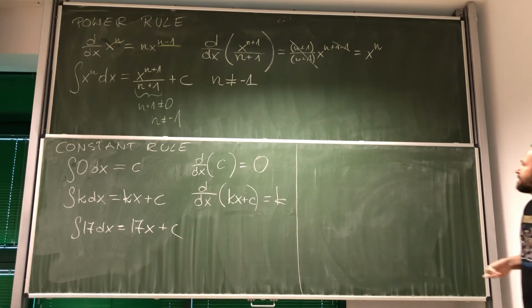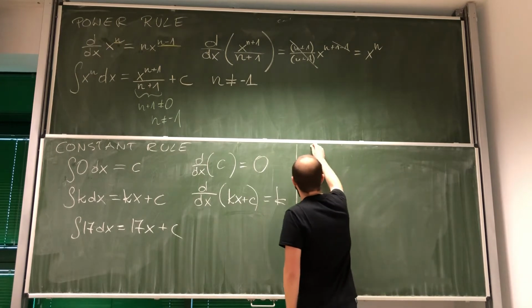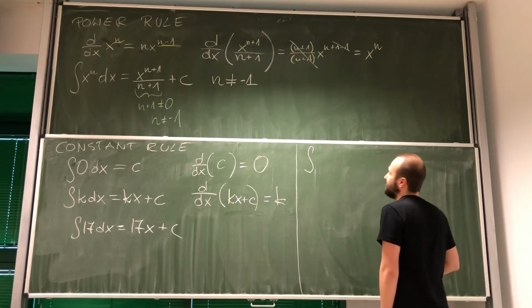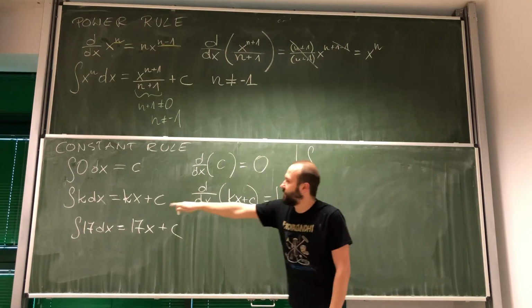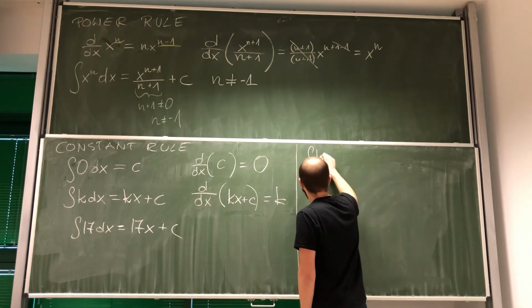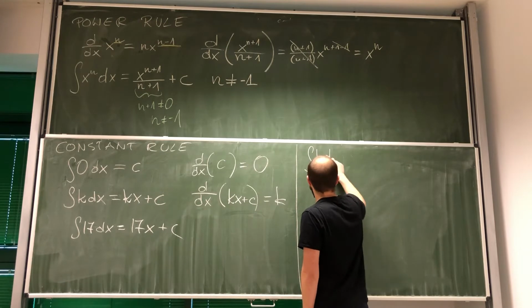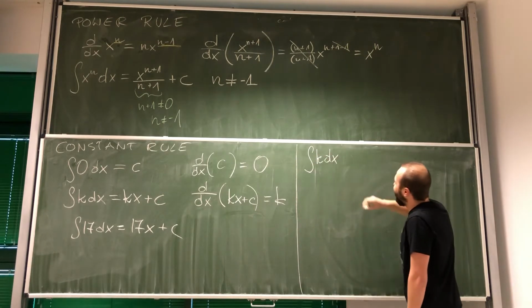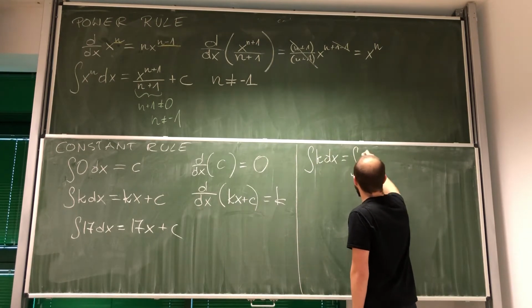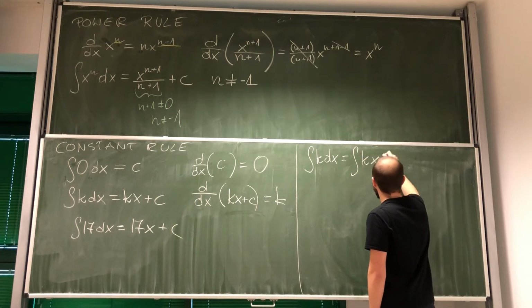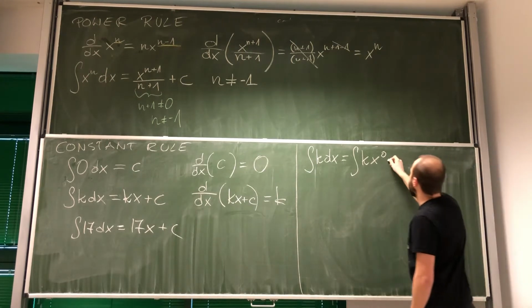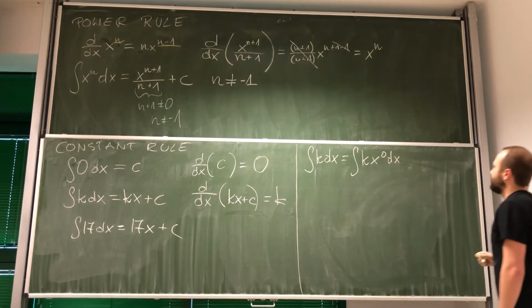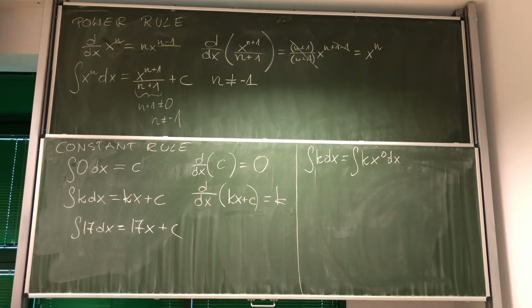Okay, so first, let's consider the case of k, which we already discussed. Look, the integral of k is the same as the integral of k times x to the power of 0, which is 1, dx.